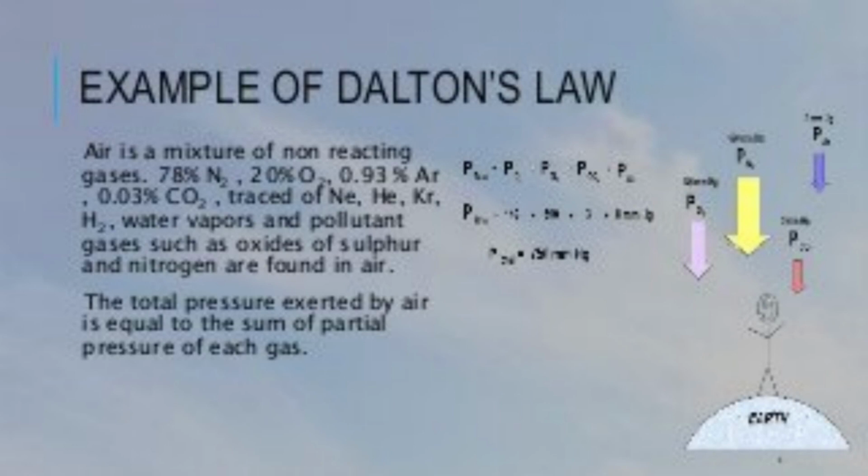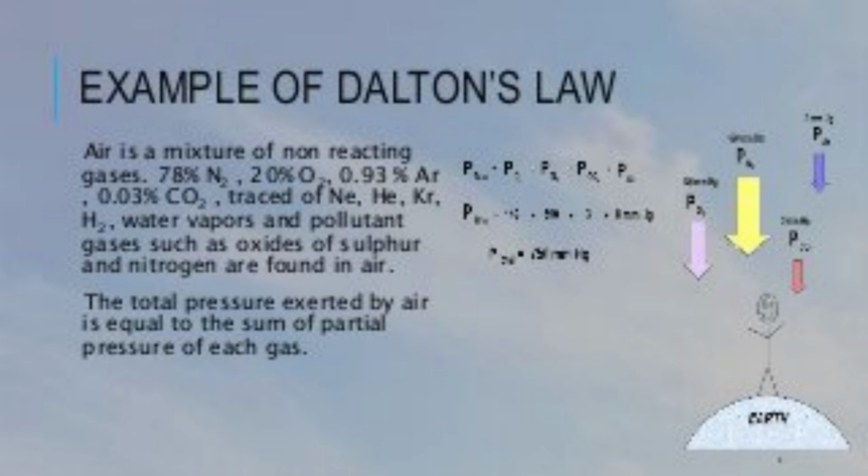We can take the example of air to explain Dalton's law of partial pressure. Air is a mixture of non-reacting gases containing 78% nitrogen, 20% oxygen, 0.93% argon, hydrogen, neon, krypton and helium. Water vapors and pollutant gases such as oxides of sulfur and nitrogen are found as traces in air.